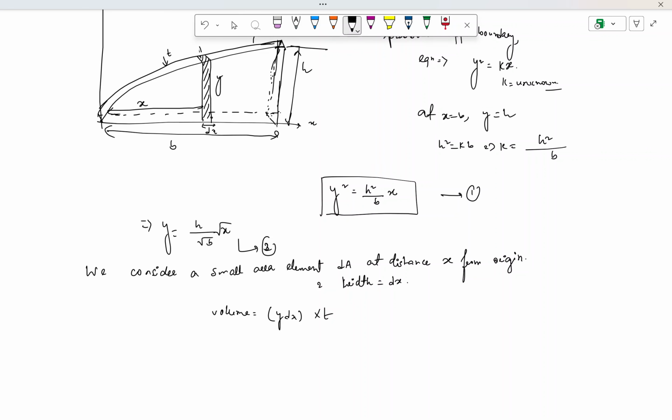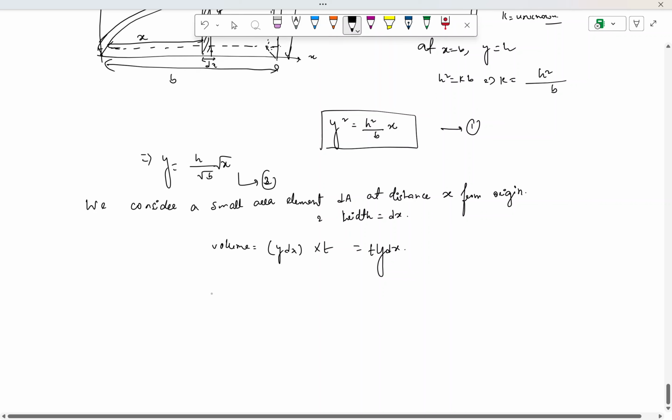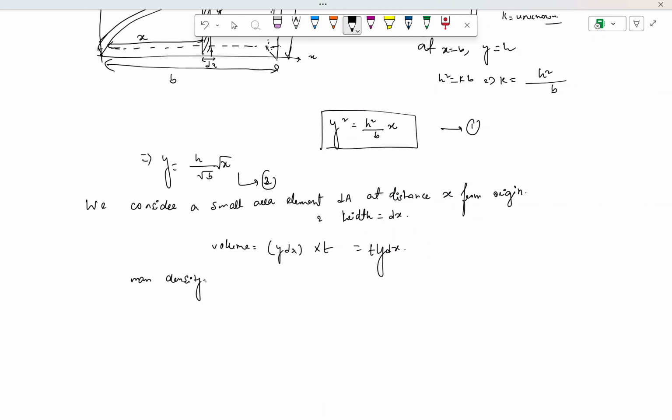So this thickness will also be t. So this is y t dx. And because the mass density is uniform and constant throughout, the mass for the small element is dm equal to rho t y dx.